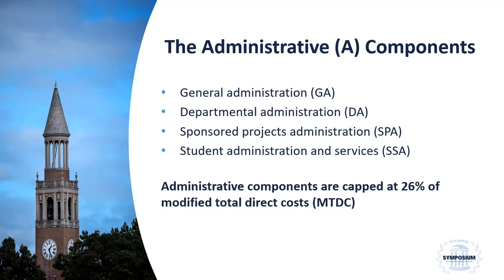The SPA amount is allocated to research using modified total direct cost, or MTDC, and then student services is directly allocated out to the instructional portion of what we call final cost objectives. The administrative component on the F&A part of it is capped at 26%, 26 points, of the modified total direct cost, and we'll talk a little bit about that as we go along here.